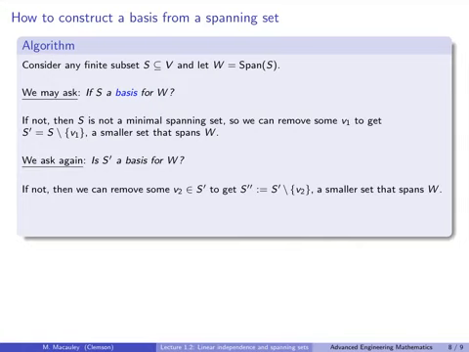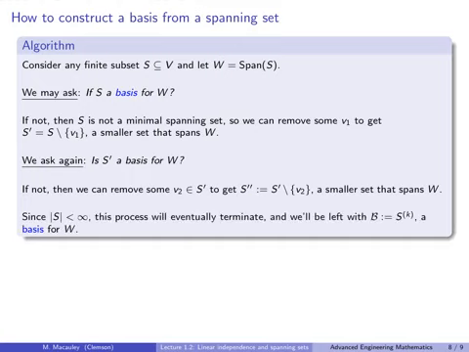So there is some vector, let's call it v2, that we can remove to get a smaller set, S double prime, that spans W. Since S is a finite set, this process will eventually terminate, and we'll be left with a set, let's call it B, the kth iteration of this, which is a basis for W.